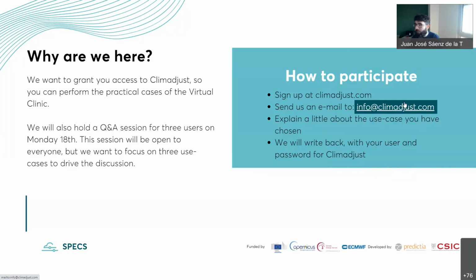So that means if there is one of you working on climate extremes, another that is working, for example, on the average trends and so on, we will try to mix these cases up and select 3 that are varied enough so the discussion can also go to different places in this session.